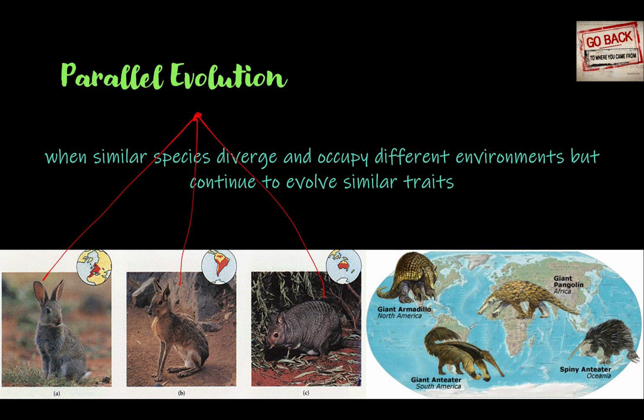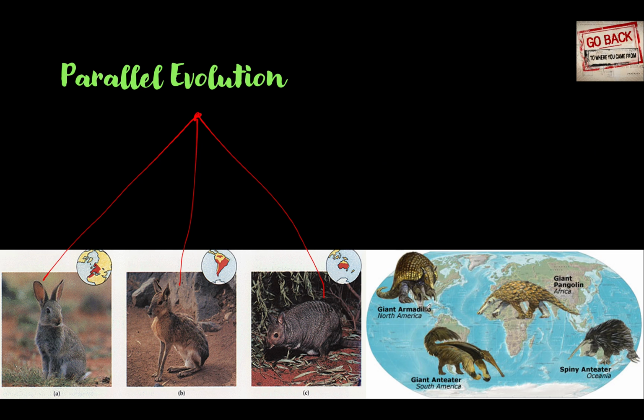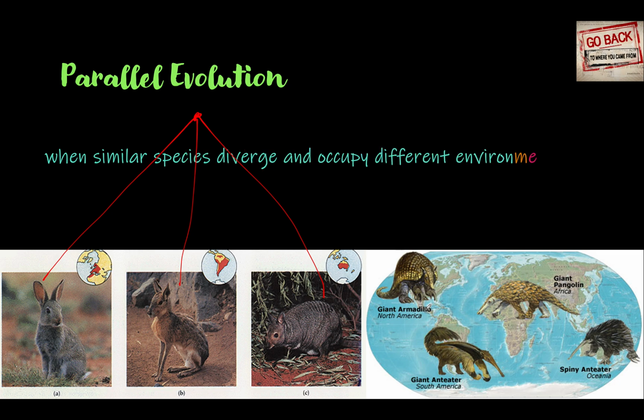Or if you see here, all of these species, which you're going to learn a little bit more about in a different activity, the armadillo, the anteater, the pangolin, and the spiny anteater, they all evolved from a common ancestor, but since they all occupied very similar habitats, they evolved similar traits over time, parallel to one another. All right, so that's where we get the word parallel evolution.